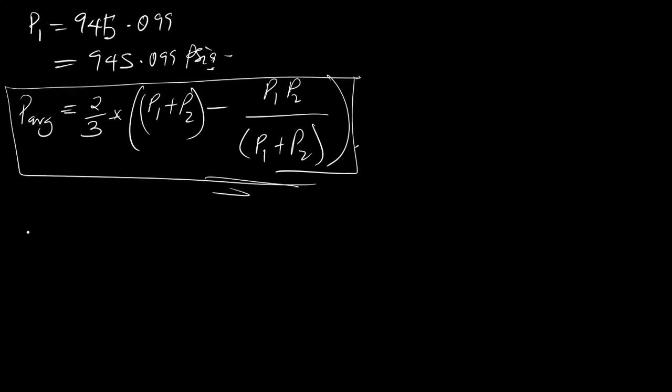So since we have gotten our P1, average pressure will now be equal to 2/3, because we assumed average pressure when we were calculating.